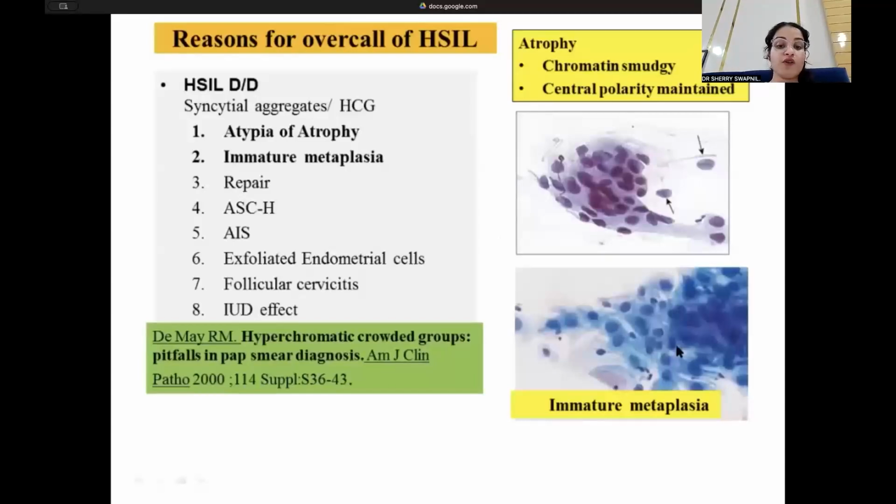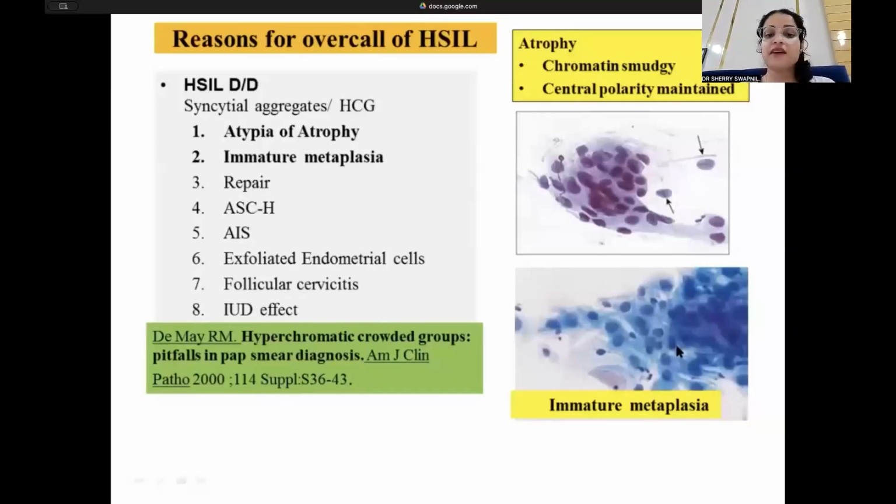So reasons for overcall of HSIL: what are the actual mimics of HSIL? Because HSIL can be arranged in syncytium aggregates, it can be confused with atrophy, immature metaplastic cells, or repair. Definitely we have similar types of cells, but if they are qualitatively and quantitatively less, do not call it HSIL. Then adenocarcinoma in situ and exfoliated endometrial cells, as we have seen, are also very compactly arranged, but again you have to look at the loss of polarity and the nuclear features.